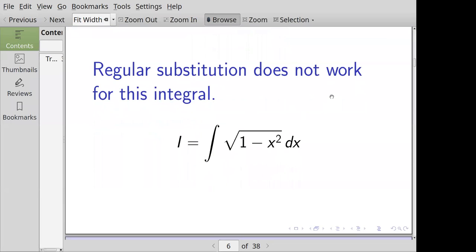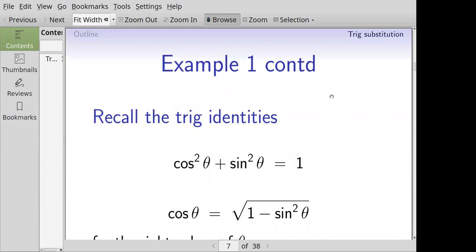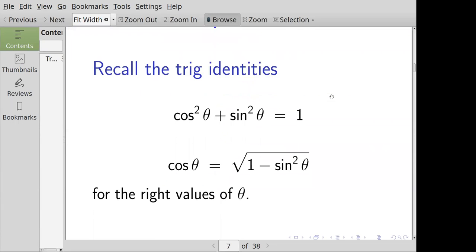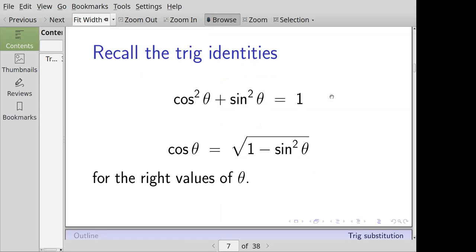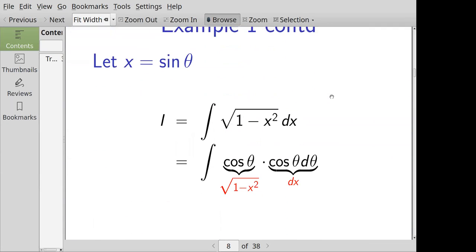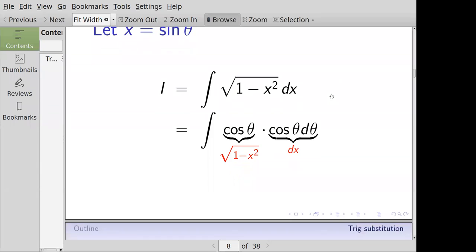For root of 1 minus x squared, we use the trig identity, starting with cos squared plus sine squared is equal to 1, and then cos theta is root of 1 minus sine squared theta. So that suggests a substitution of the form x equals sine theta. We saw that last time.